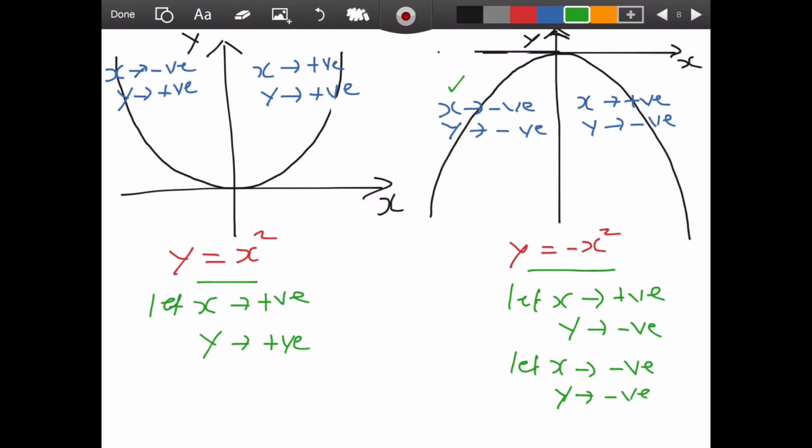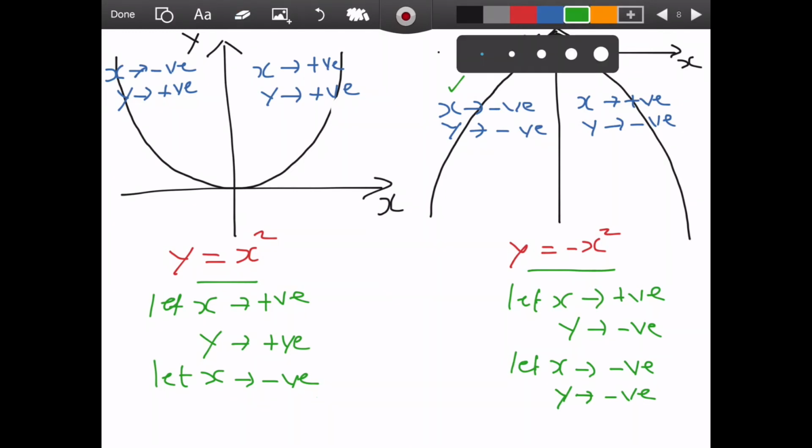All right. I think I missed one part over here, right? If we let x to be negative over here, what is y? If we put in, for example, a minus 1, minus 1 square is equal to 1, right? So it's a positive number. So when x is negative, y is positive.